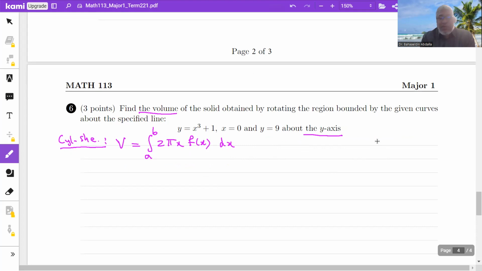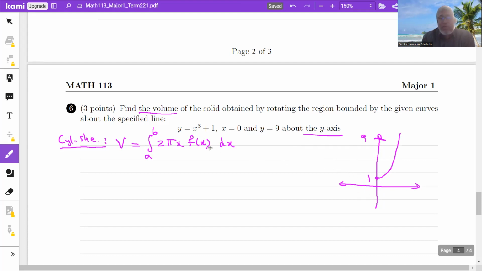Y equals x cube. I know how to graph y equals x cube, but there is a plus 1, so I'll go 1 unit up. If you put x equals 0, I'll have 1 here. Okay, and if you put y equals 9, if I say that this is 9, what would be x? I know that the graph will go like this, because this is the graph of x cube.